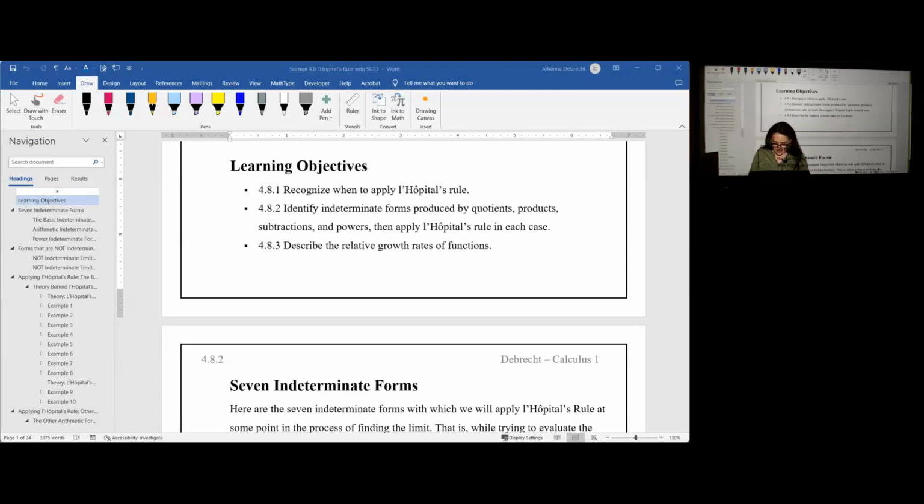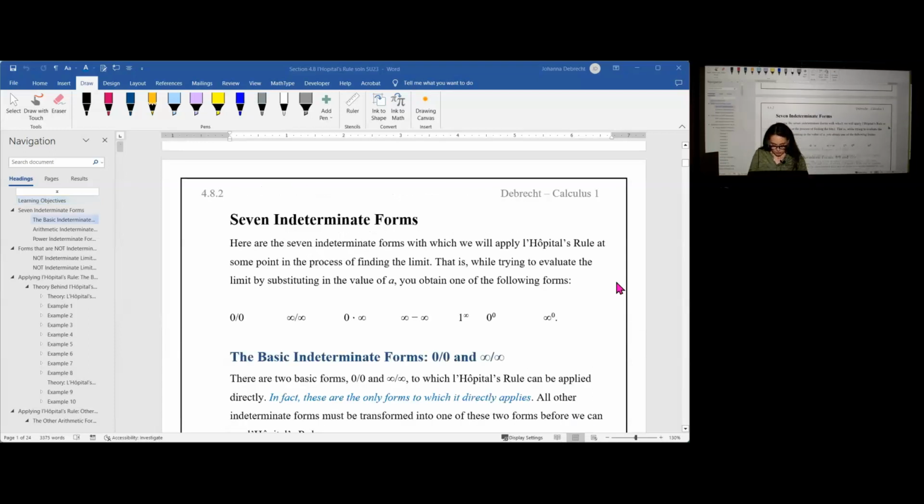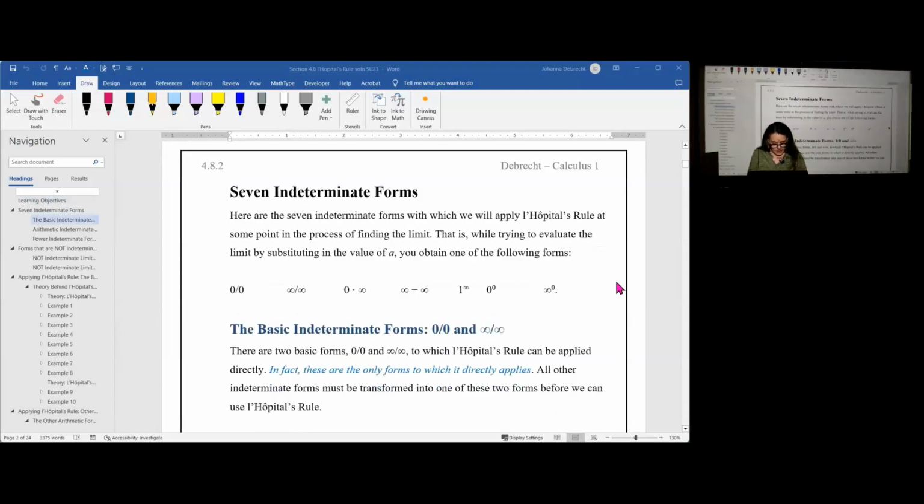Let's take a look again at the 7 indeterminate forms that we have. They are 0 divided by 0 and infinity divided by infinity, the 2 basic forms or primary forms to which L'Hopital's rule directly applies. Then we have 0 times infinity and infinity minus infinity, which have to be converted into one of the 2 basic.